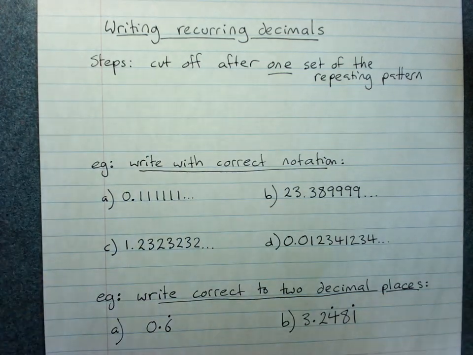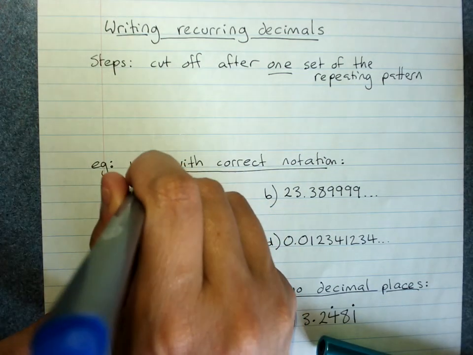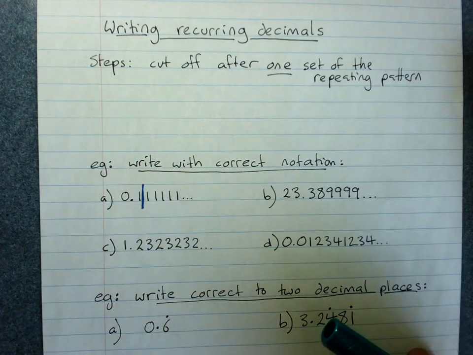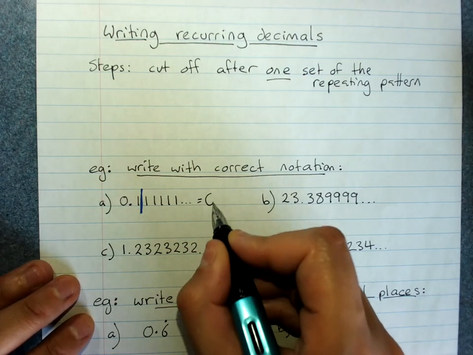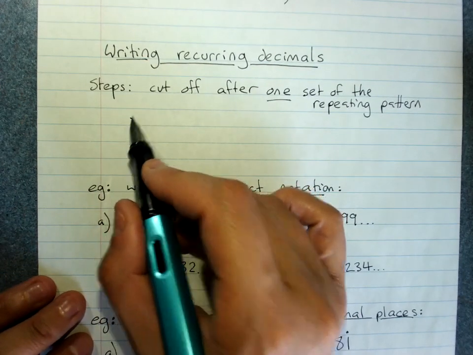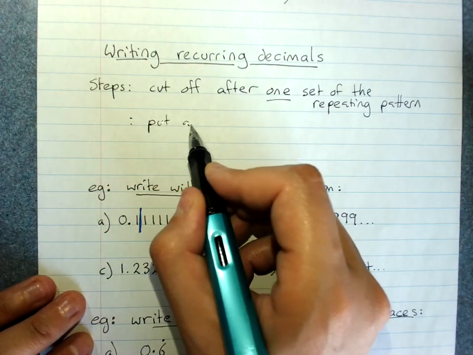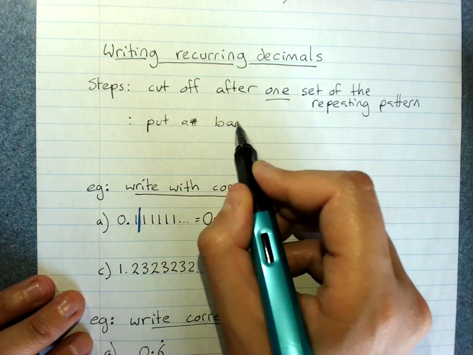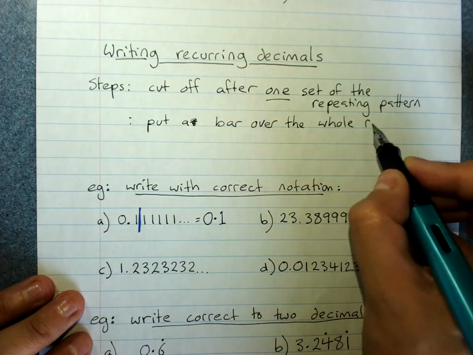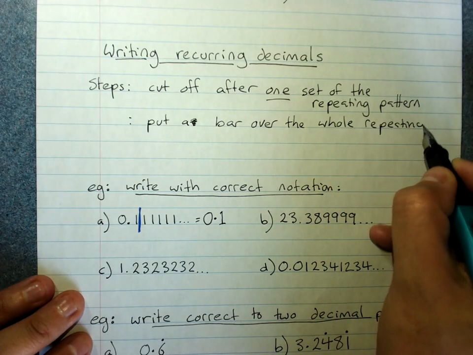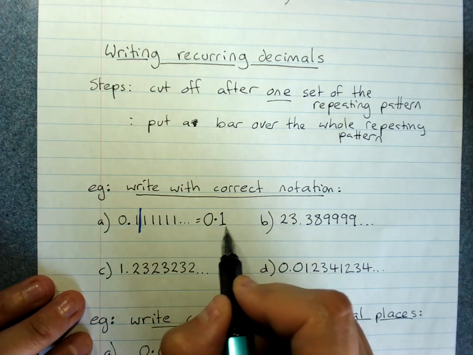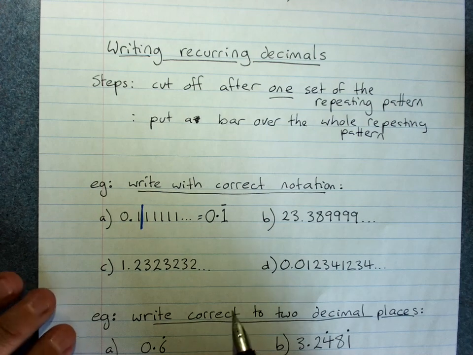I'm going to cut that off after one copy of the repeating pattern. So I'll write 0.1, and then the notation is put a bar over the whole repeating pattern. So the whole pattern is only one, I put a little bar over it.